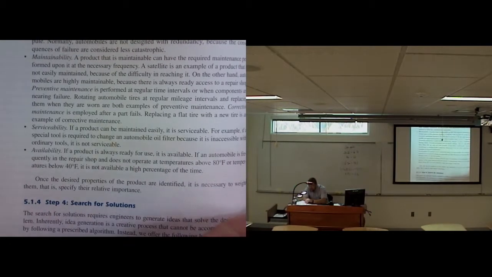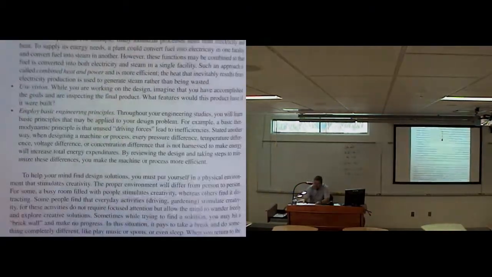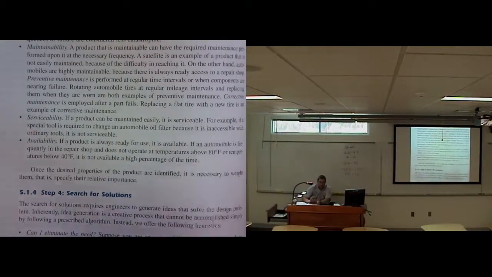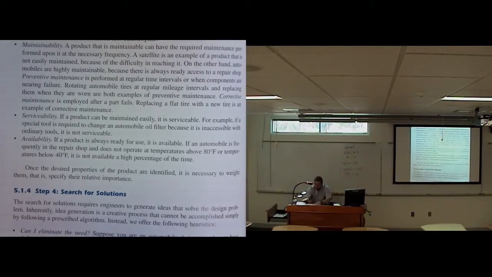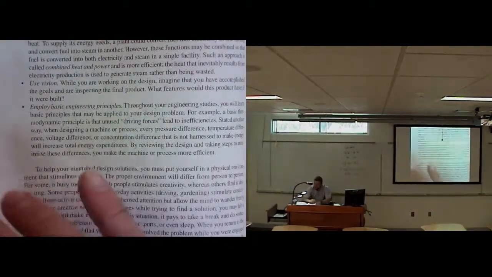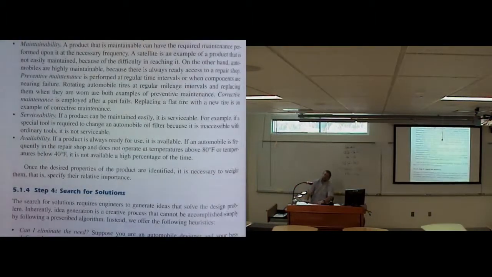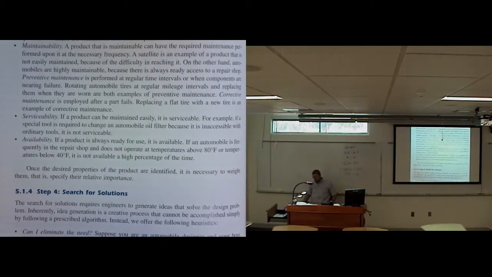But essentially, what you're trying to do at this point is find possible solutions. You're trying to come up with as many things as you can to solve your problem, okay?